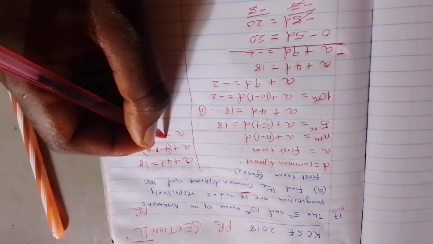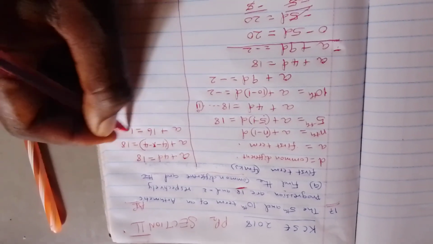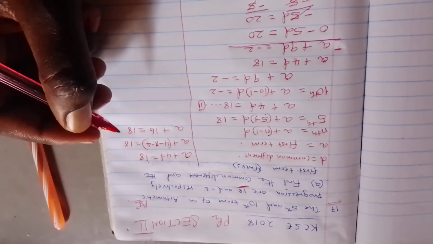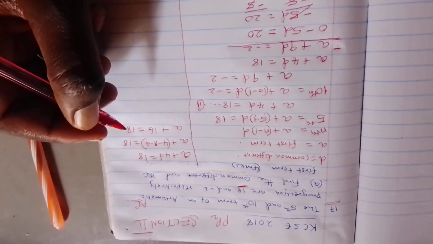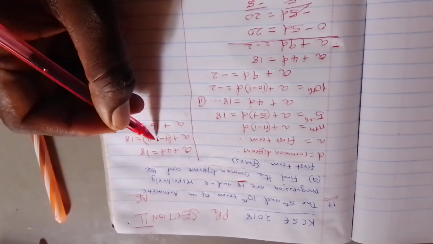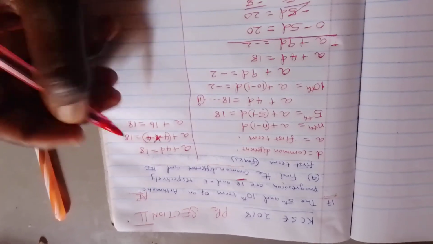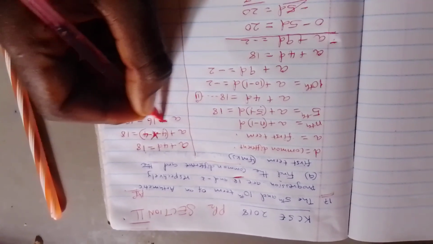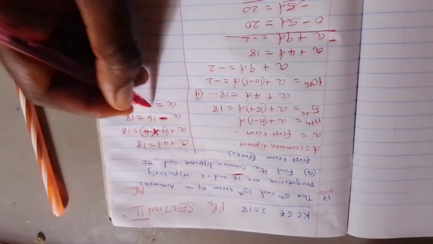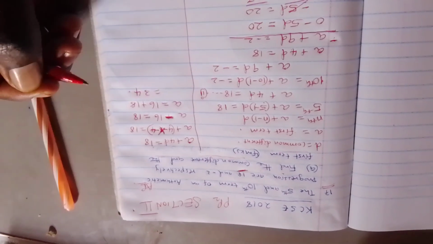So a plus -16 is equal to 18. Therefore, the first term is equal to 16 plus 18, which is equal to 34.